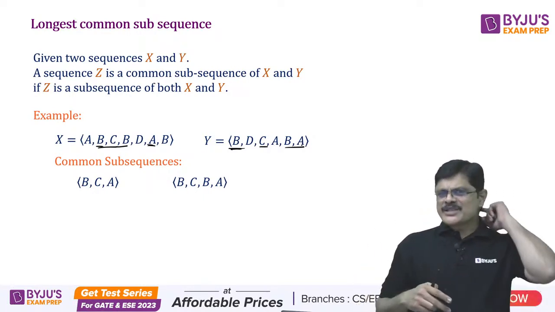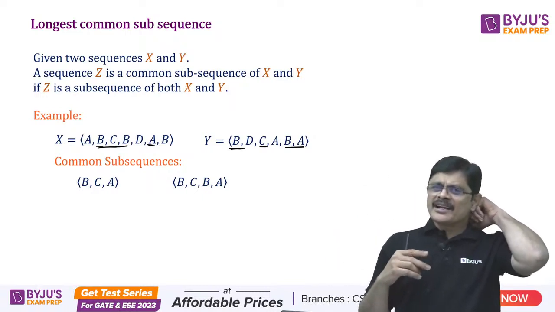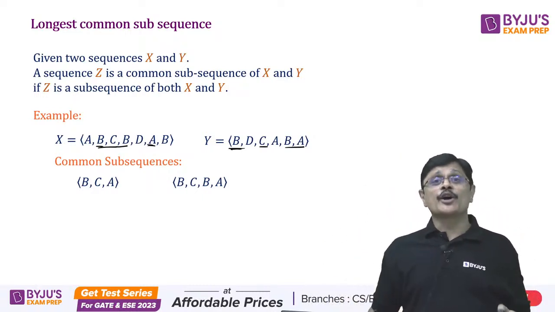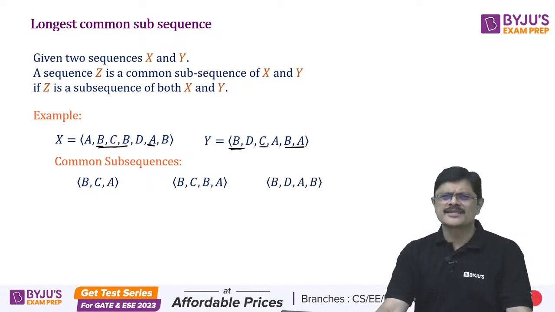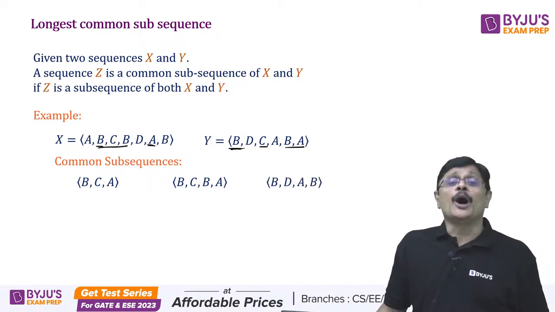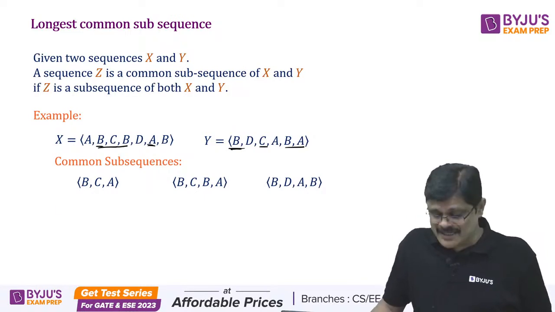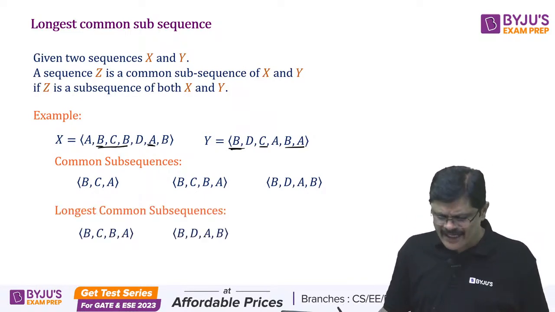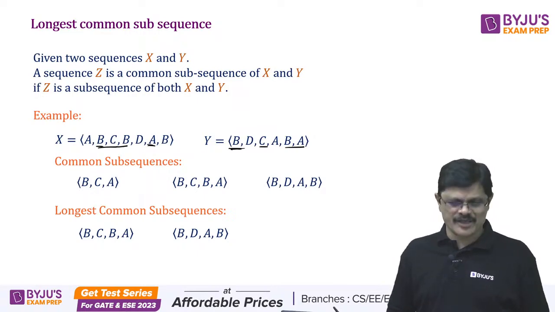Subsequence means it is obtained by deleting some symbols from anywhere. So we have to identify common subsequences. These are some common subsequences. Out of that, we have to find the longest common subsequence. Both BCBA and BDAB are the longest common subsequences.